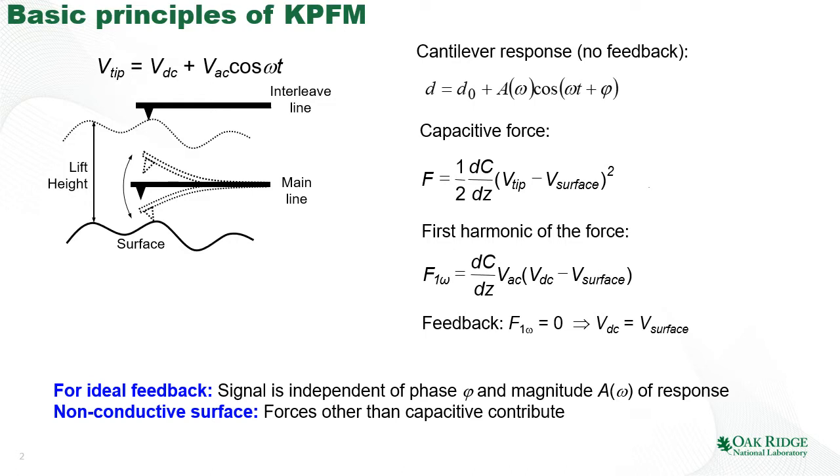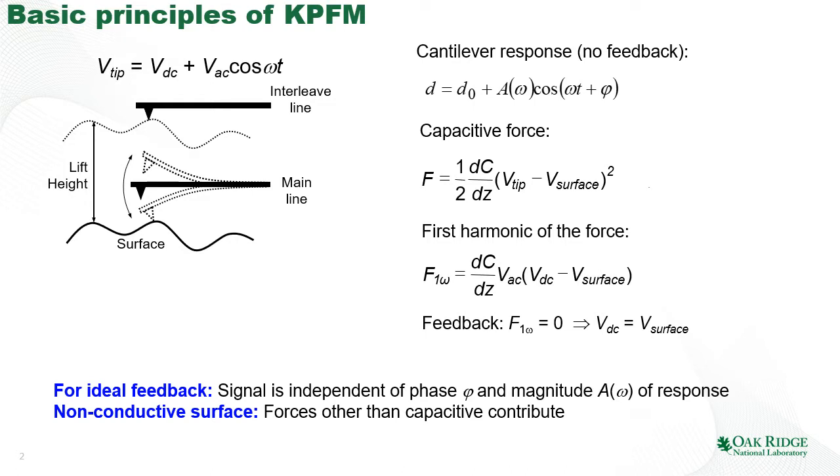In this regime, the probe is mechanically driven. Then we turn the piezo off, we lift the probe above the surface, and we retrace the surface topography while we are applying the bias to the probe.